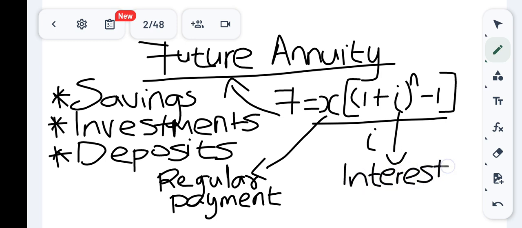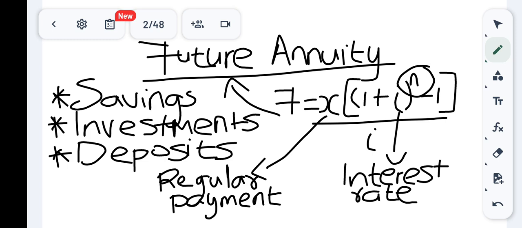And remember, if we have a compounding period, you will divide your interest rate by that compounding period. And then what is n? Very, very important, this one, because we see a lot of mistakes here. n is the number of payments here in annuities.